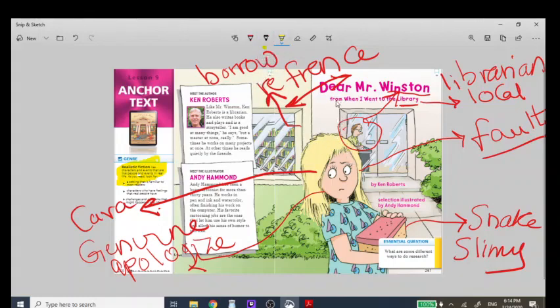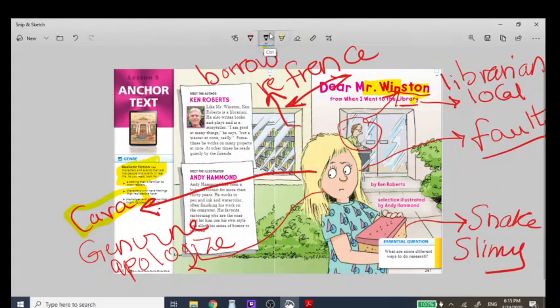So we are having two characters here. Who are the characters? I'm sorry, my handwriting is so bad, but we are having Kara, the character, and Mr. Winston. So I have two components here from the plot. Remember the story plot, the diagram of the story plot?